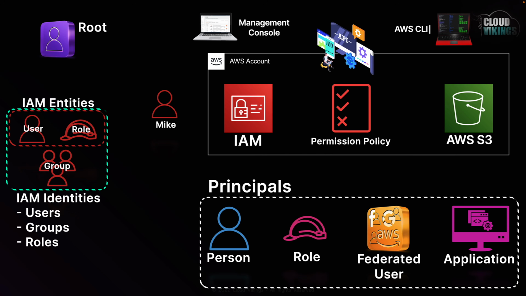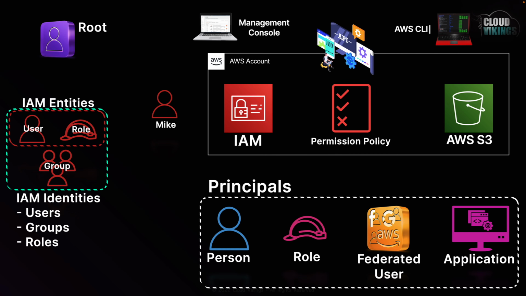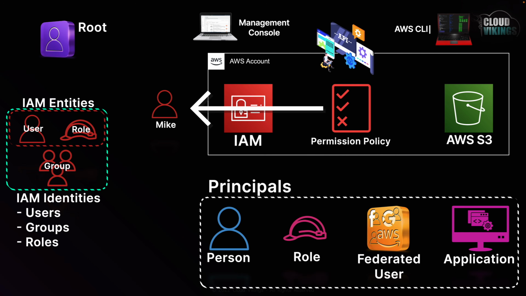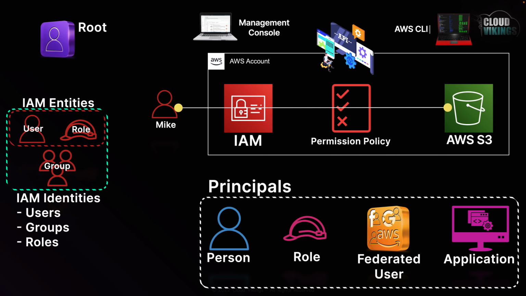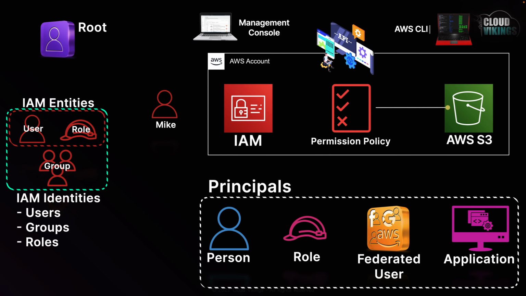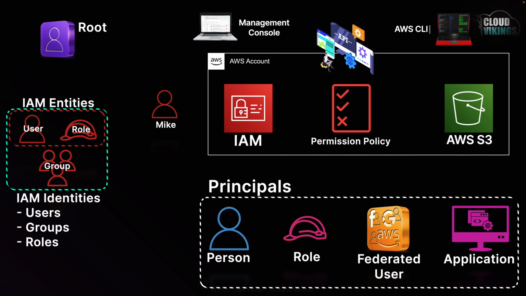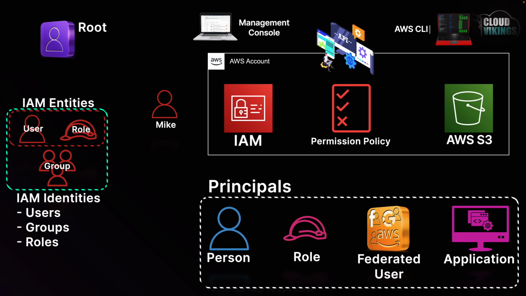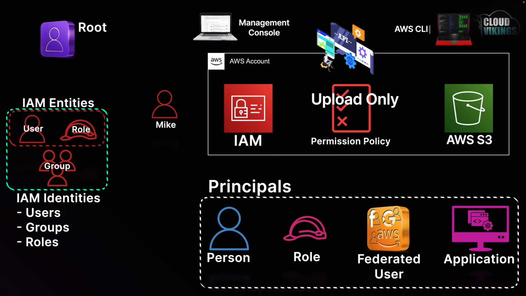Like for our example, let's say my Mike IAM user has policy permissions associated with it that just let me upload images to the AWS S3 service. That's all I need for my day-to-day job functions. But occasionally an image may get uploaded in error, and I'll need to delete that object out of S3. My typical permissions would not let me do this.